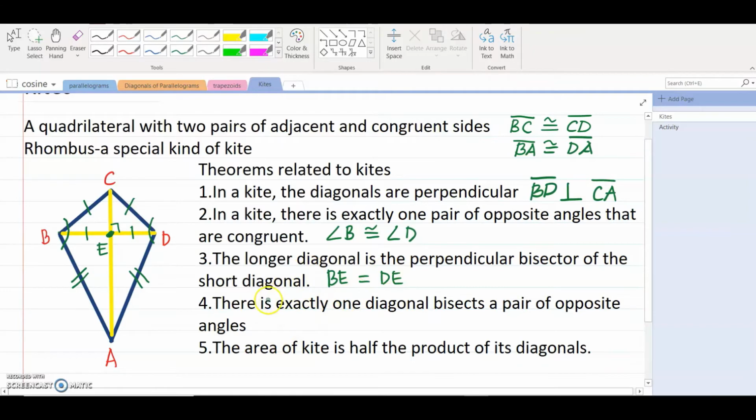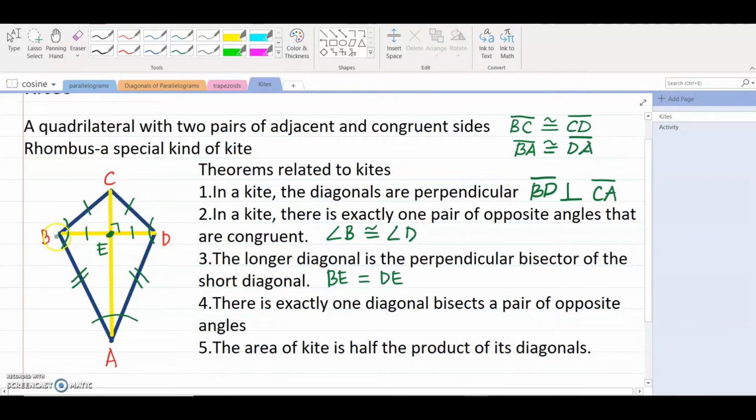Okay, next, number 4, there is exactly one diagonal that bisects a pair of opposite angles. So in this case, we have, let's say, angle A. This diagonal bisects a pair of opposite angles. What are those?